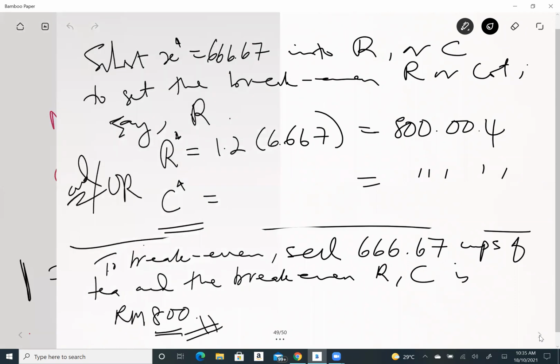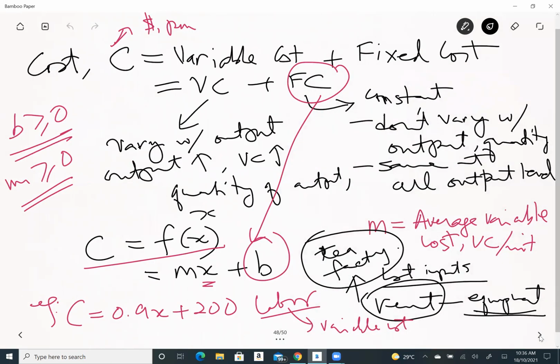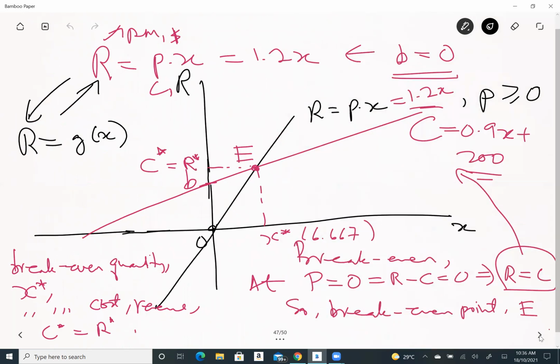Okay, so here is the break-even example. Now you will get an equilibrium here as long as the price of your product is larger than your average variable cost.